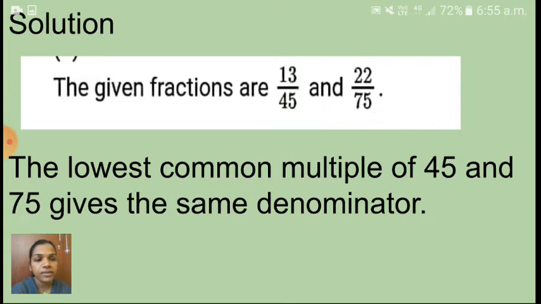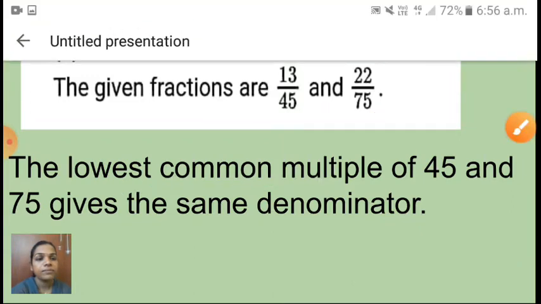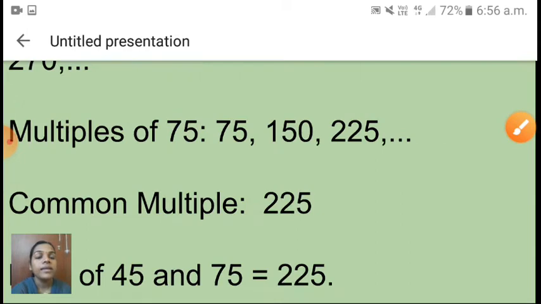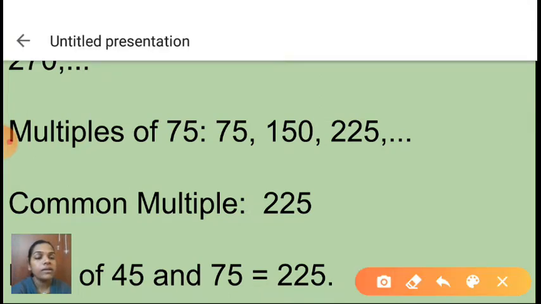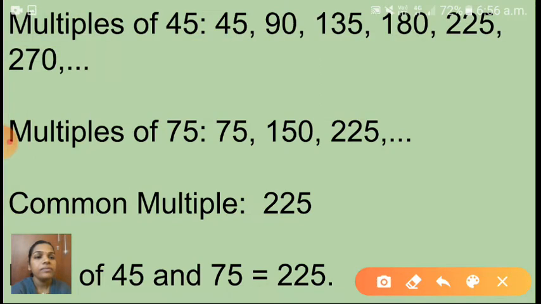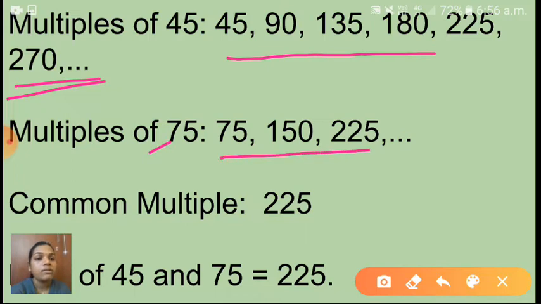See here. Multiples of 45: I have written here 45, 90, 135, 180, 225 and 270. And next, which multiples do we have to write? Yes, multiples of 75. That also I have written here: 75, 150, 225.